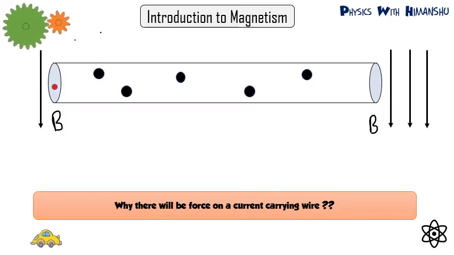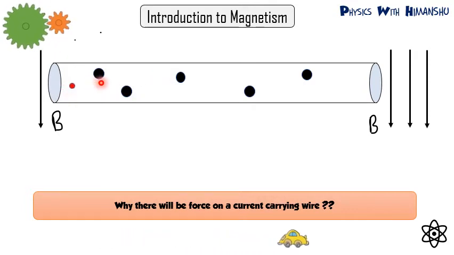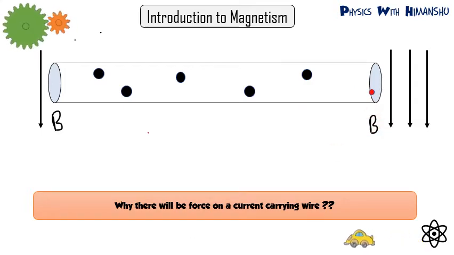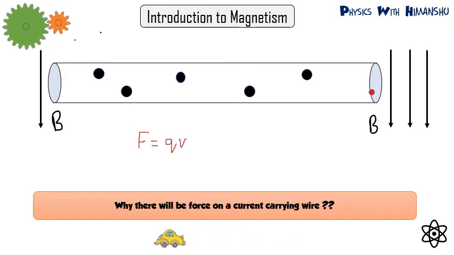Okay, so suppose we have a current carrying wire. Now we know that a current carrying wire consists of moving electrons. The electron has a charge, it is moving, and its average velocity is the drift velocity. And suppose the magnetic field is B. Now we know that the force on a charge due to a magnetic field is QVB sine theta.